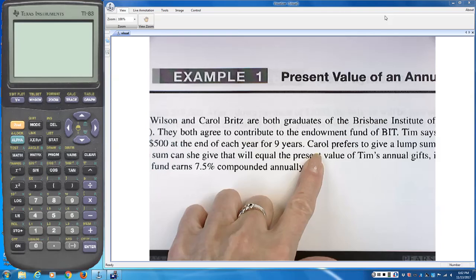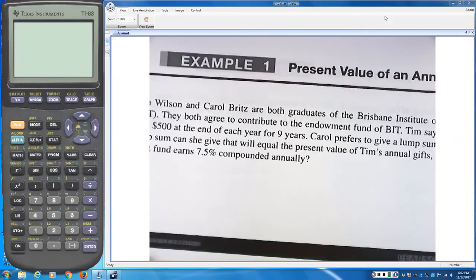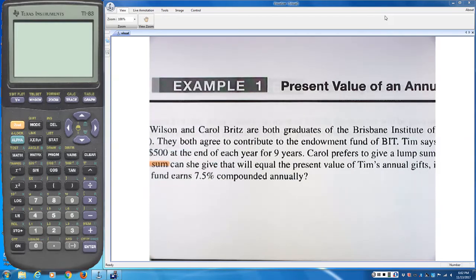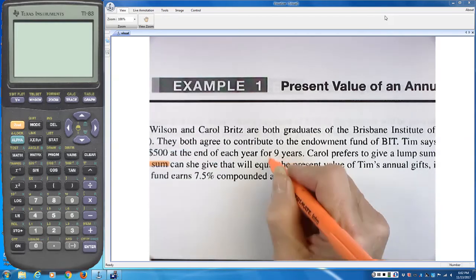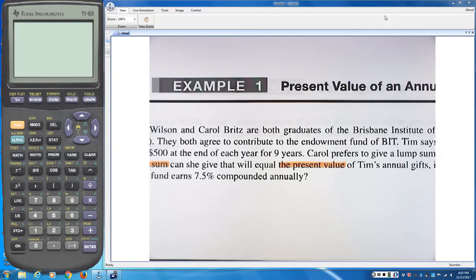Carol wants to give a lump sum today that will be worth the same thing as what his will be when the maturity of his investment comes around. So the question we have is, what lump sum can she give that will equal the present value of his annual gifts if the endowment earns 7.5% compounded annually?